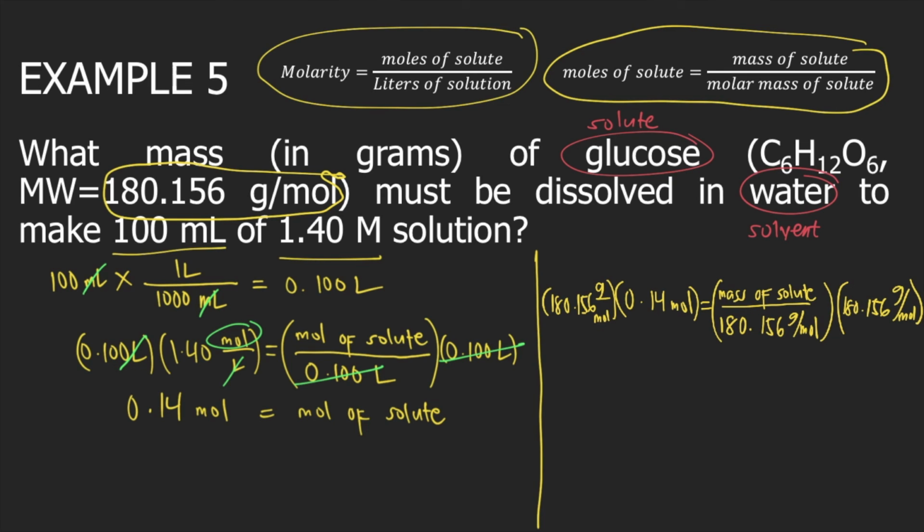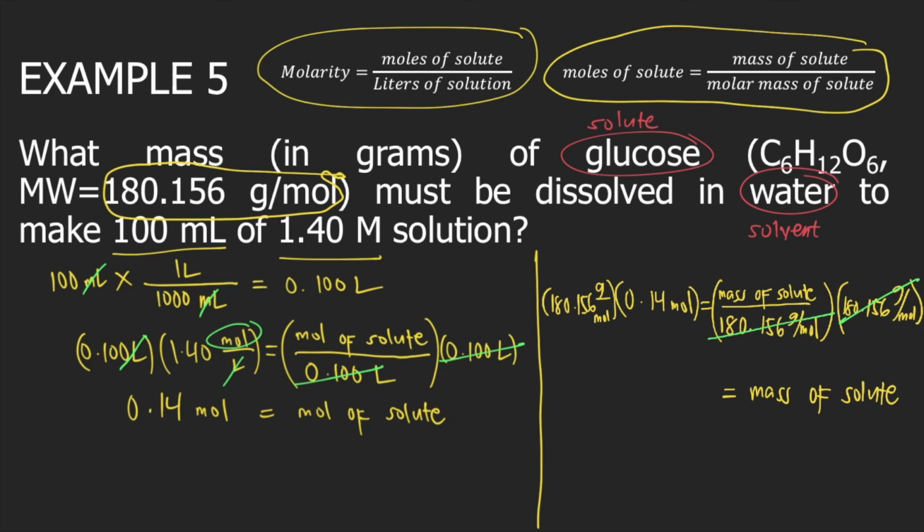So on the right side, 180.156 grams per mole will cancel. And what remains on the right side is the mass of solute. And on the left side, you have 180.156 grams per mole times 0.14 moles.